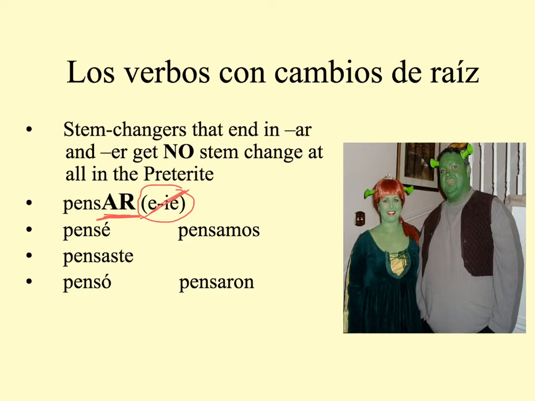Nope, not putting it in. You can see the forms: pensé, pensaste, pensó, pensamos, pensaron. There is no stem change in any of them. And also these endings, right, é, aste, ó, amos, aron, these are my regular AR preterite endings. So stem changers don't get their own sets of endings, they pull from the regulars, okay?